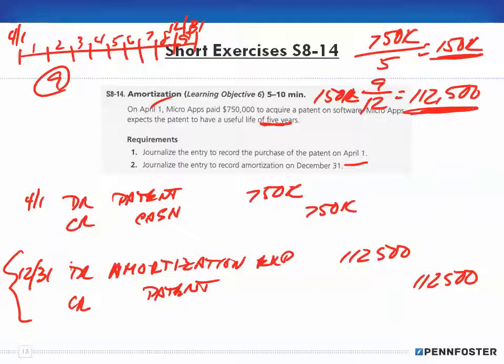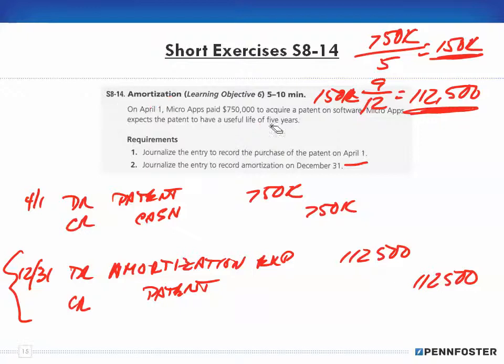And I'm going to once again disagree with what's in the solution manual. Notice that they're directly amortizing, taking the amortization right out of the patent. Now I'm going to erase some of this up here so you can see what I'm talking about.